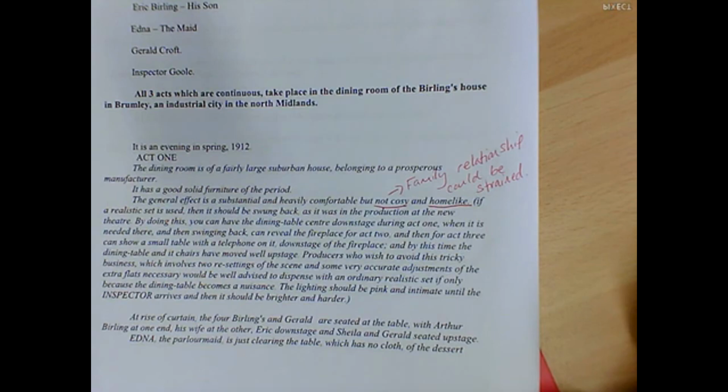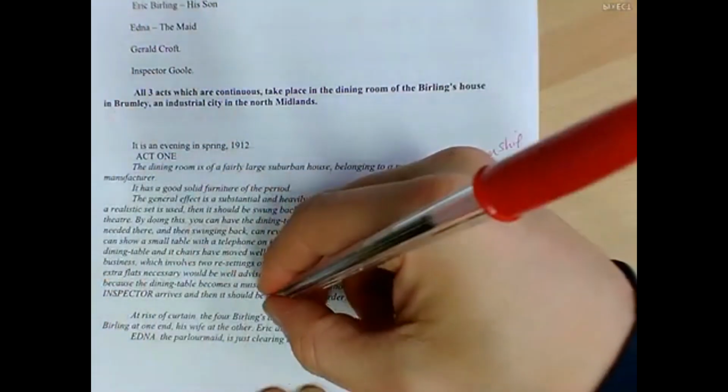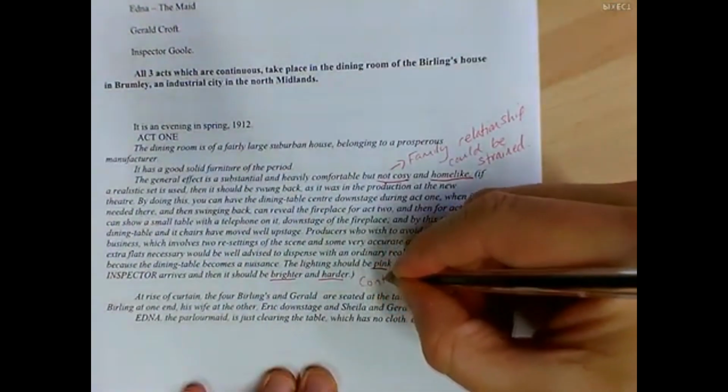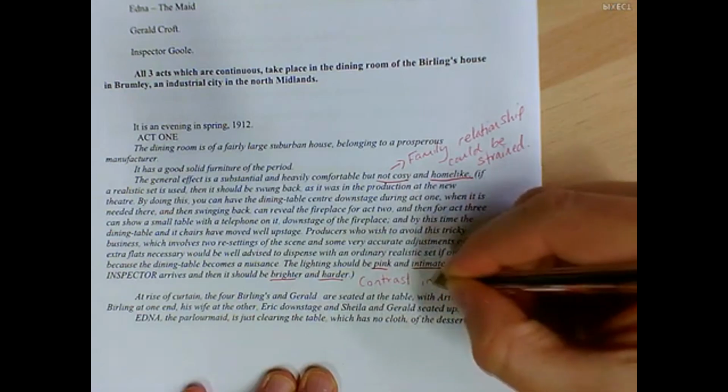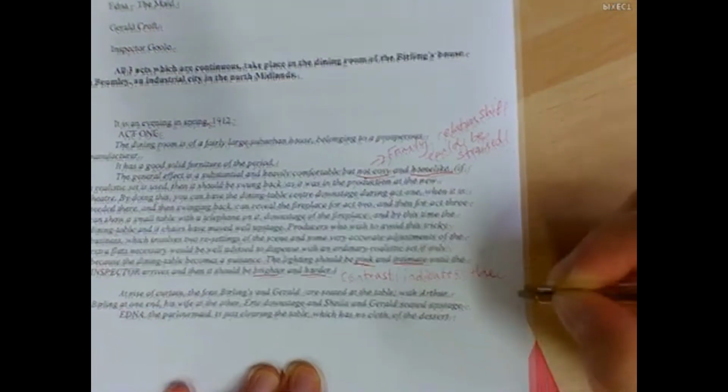The rest of the description is largely to do with where things are placed, chairs, for instance, etc. Now, these things are all important. However, they are not necessarily the most relevant. However, something that is important is the description of the lighting as being pink and intimate until the inspector arrives, at which point it becomes brighter and harder.